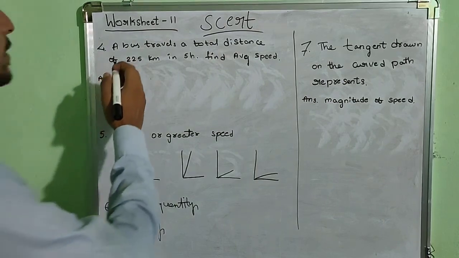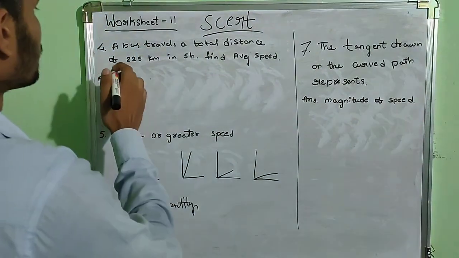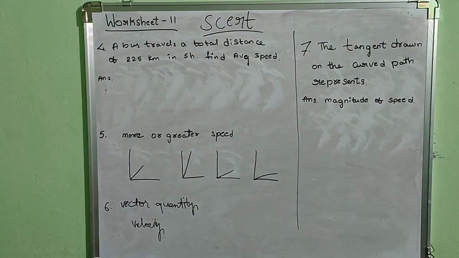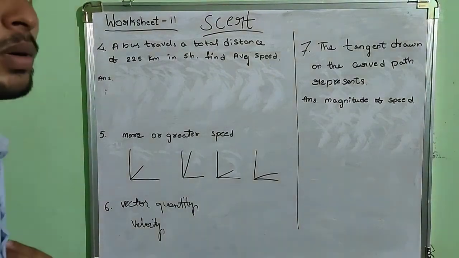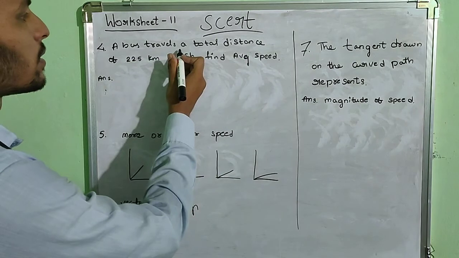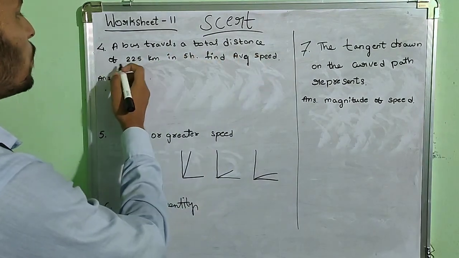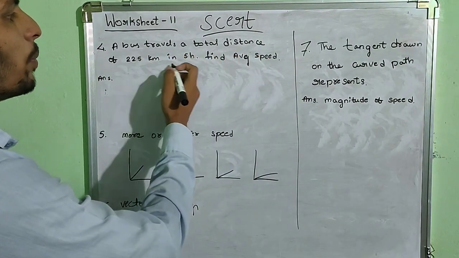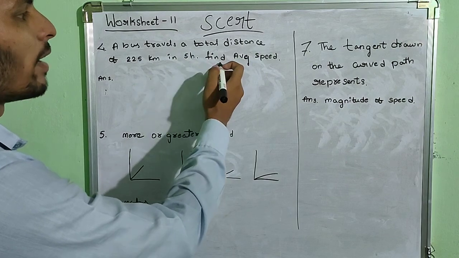Now let's see question number 4. The bus travels a total distance of 225 kilometers in 5 hours. Find the average speed.